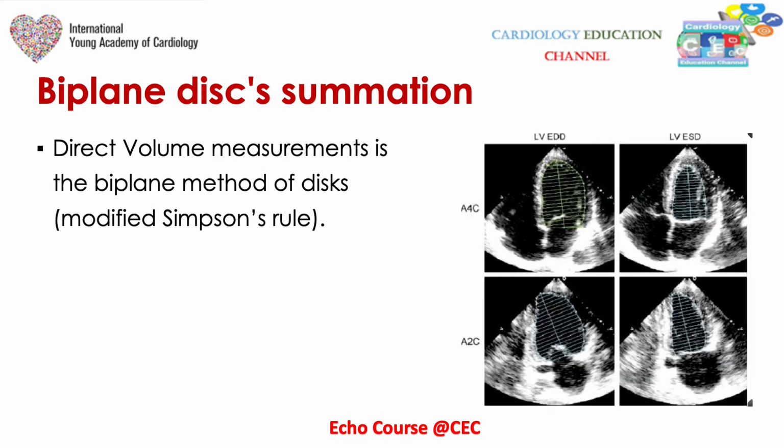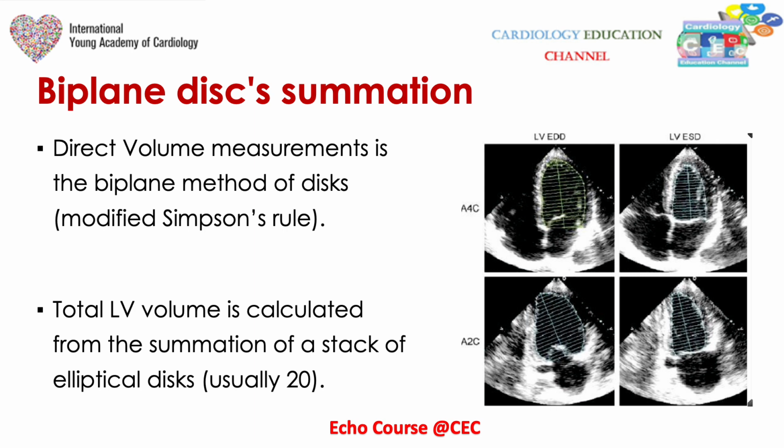So how do we start? It's a direct volume measurement, the biplane method of discs. It's the modified Simpson method, where you trace the endocardium, and then the machine divides your tracing into 20 discs. Each disc is representative of itself, so the machine calculates its height and its area, and puts them all together to give you an estimation of the whole volume of the left ventricle.